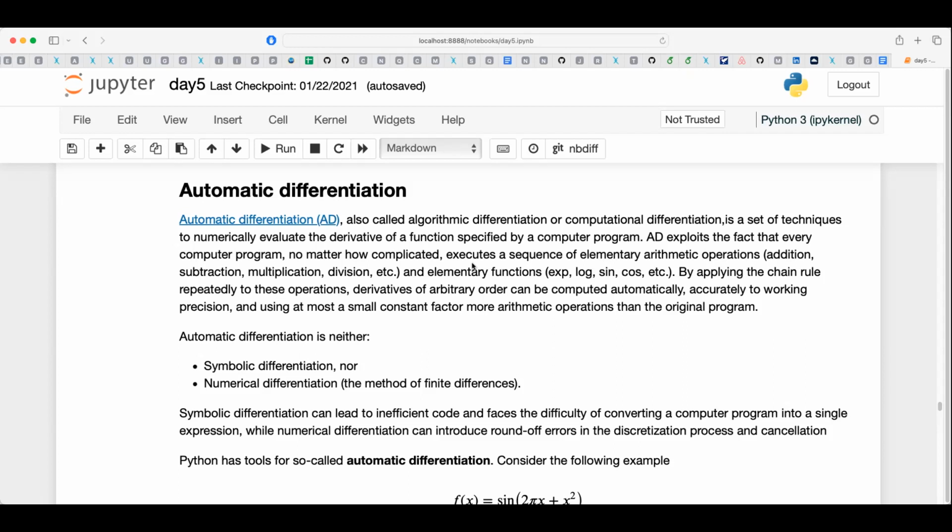Today, since the focus is on ways to update the learning rate, I will not give you the mathematics of automatic differentiation. That comes next week. Is that okay? So now you can think of automatic differentiation as something which cures all problems with derivatives.